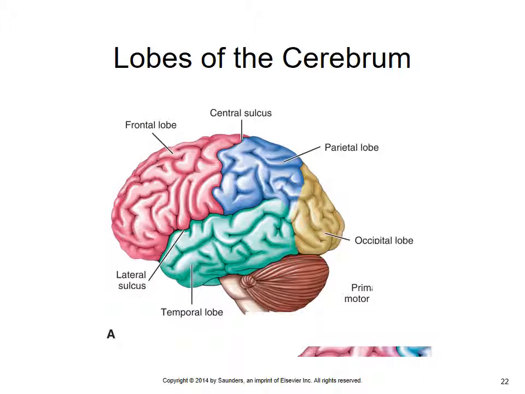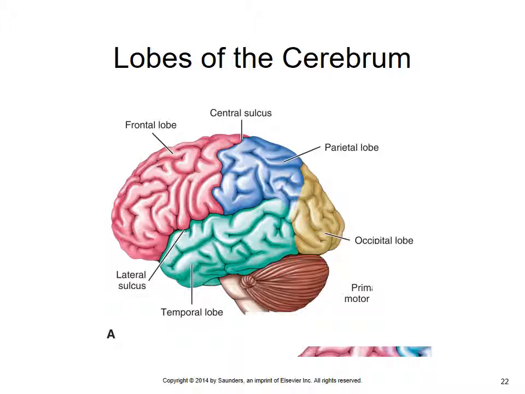This slide illustrates the lobes of the brain, and it is figure 10.11 in your text. I believe it's on page 183, 184. So figure A shows the 4 lobes of the cerebrum: the frontal lobe, the parietal lobe, the temporal lobe, and the occipital lobe.